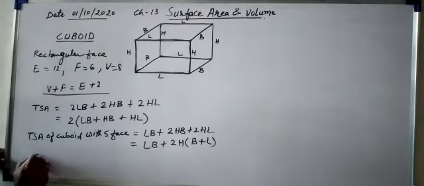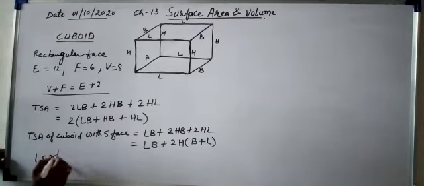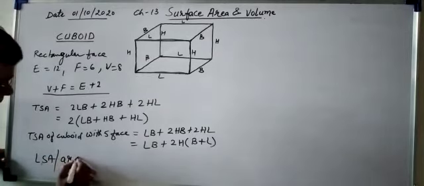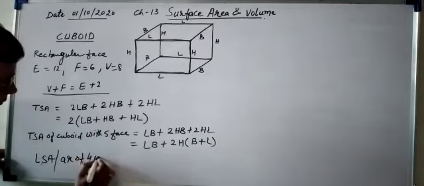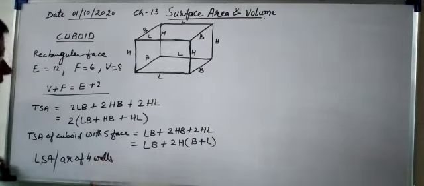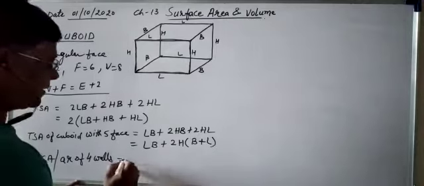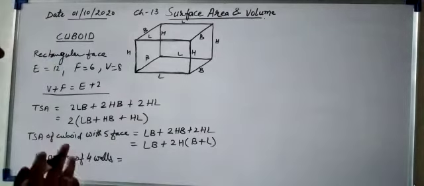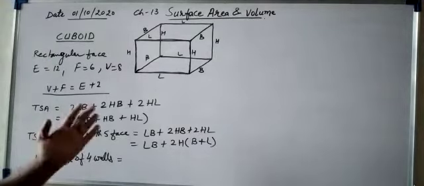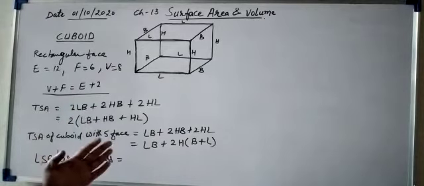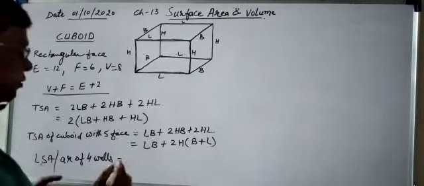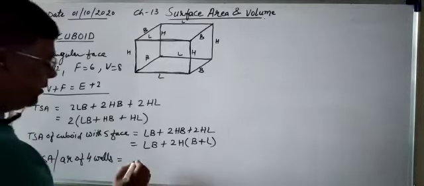Now LSA. LSA means lateral surface area, or the area of 4 walls. Suppose we are in a cuboidal room, we will not include the floor and ceiling of that room. We just take the area of all 4 sides. Opposite walls are equal, and the next opposite 2 walls are equal.